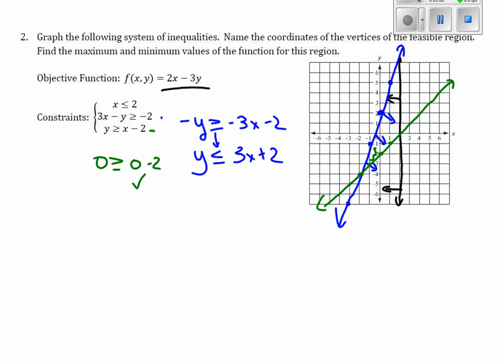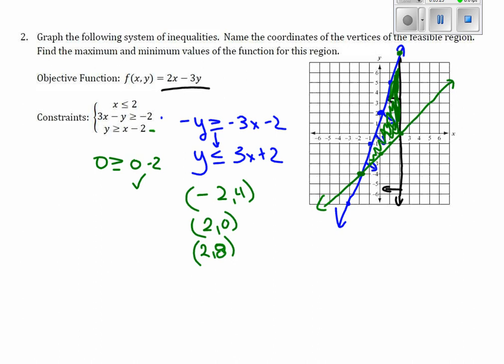So my feasible region is going to be right here. So my points are going to be right here. That's going to be -2, 4. I'm going to have one more at 2, 0. And I'm going to have one up here, which is actually going to be at 2, 7. Or, I'm sorry, that's going to be 2, 8.